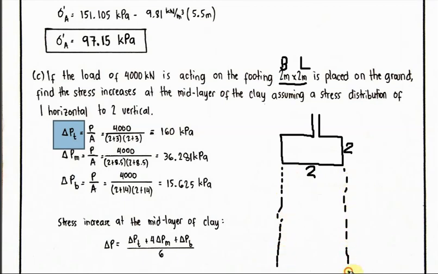Pila itong sa sand ganina nga layer. So, ang layer sa sand, kani diri nga sand is 3 meters. Tapos diri is ang mid layer which is 5.5. Tapos kani 5.5 din diri.